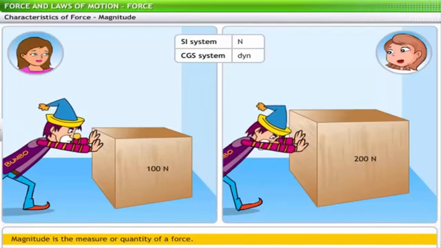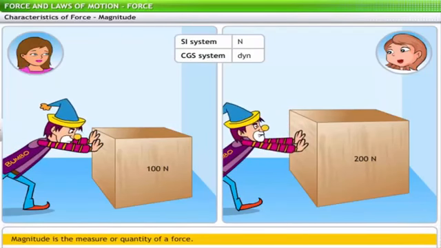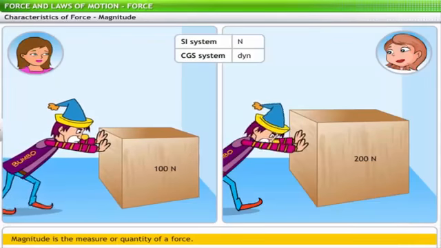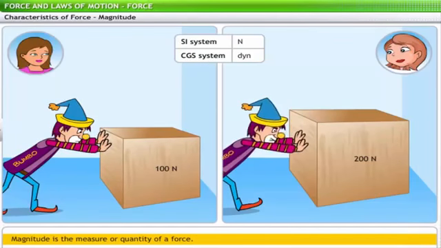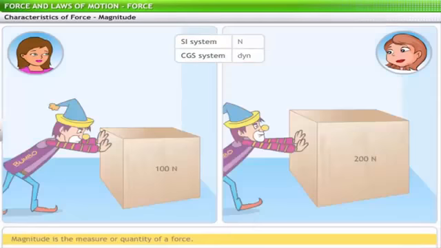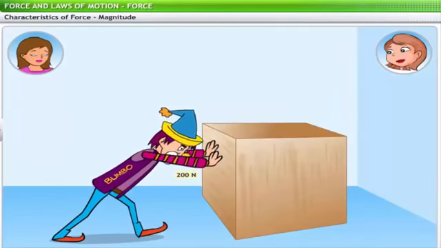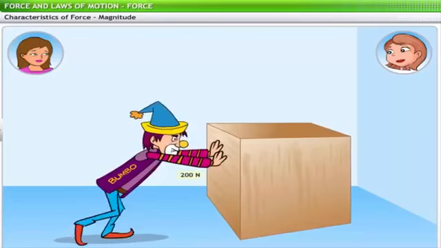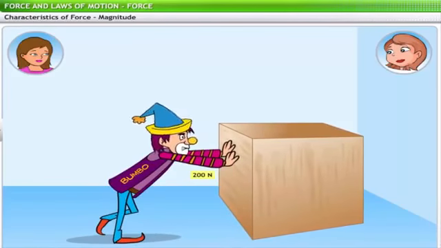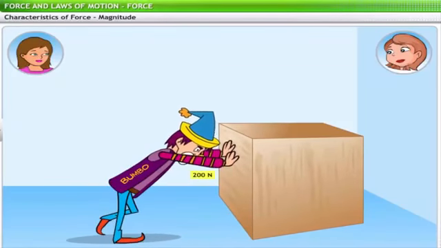Look at Bumbo trying to push the two wooden blocks of different sizes towards the wall. He had no problems pushing the smaller block, but he seems to be struggling with the larger block. There, he's done it.